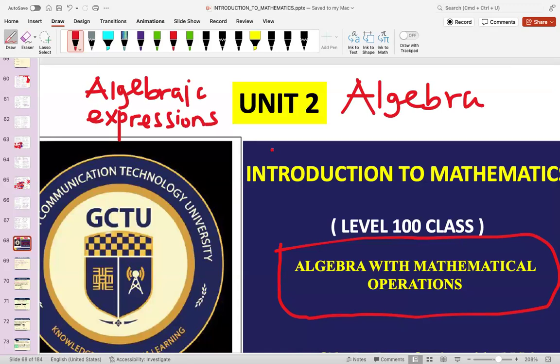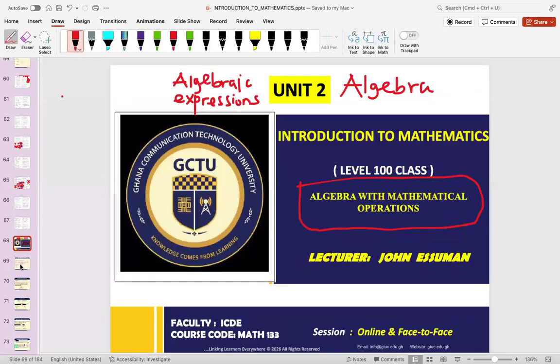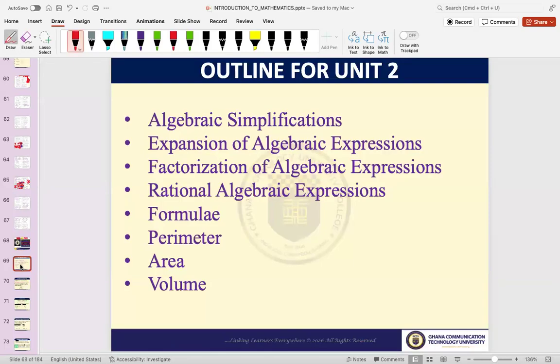We want to just refresh our minds quickly on certain things you've come across in your mathematical life before: finding the volume of an item, finding the area of a land, finding the perimeter, using formulas to get results, writing expressions in the form of algebra, factorizing them, expanding them, simplifying them.